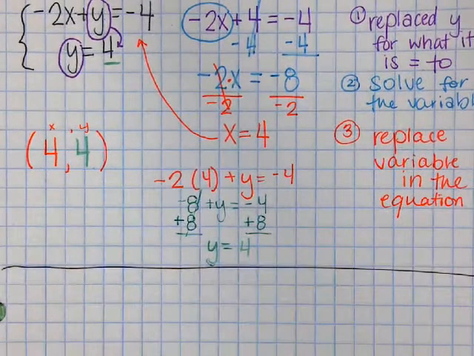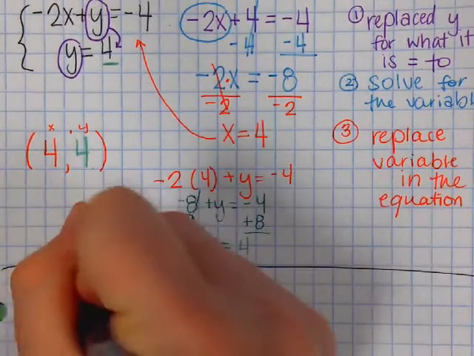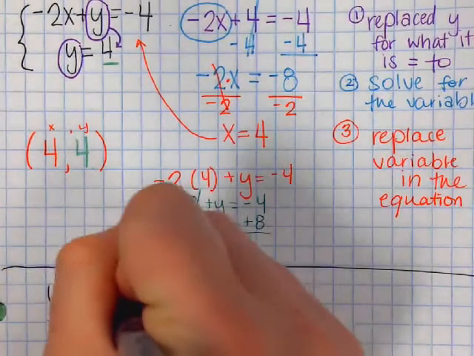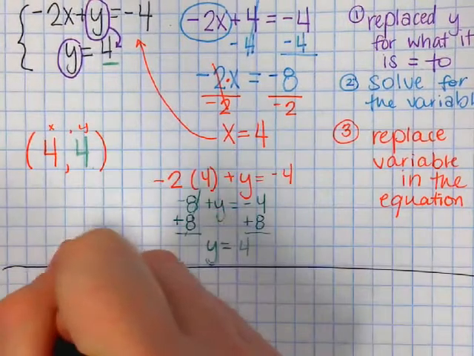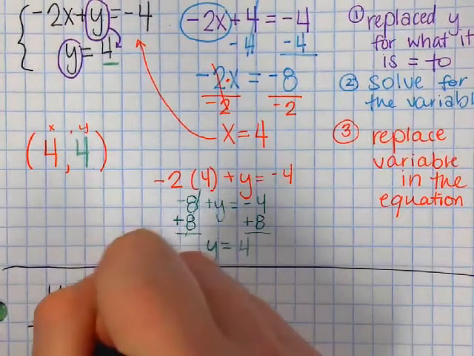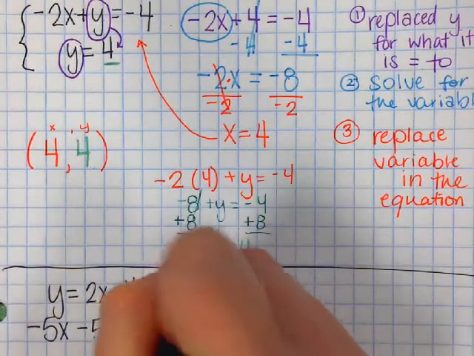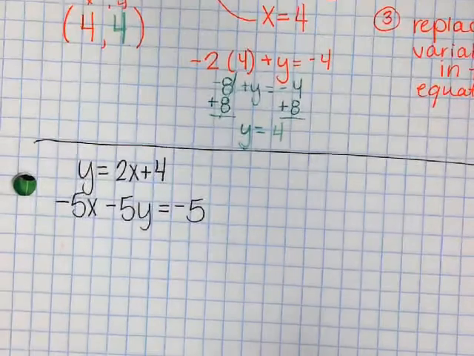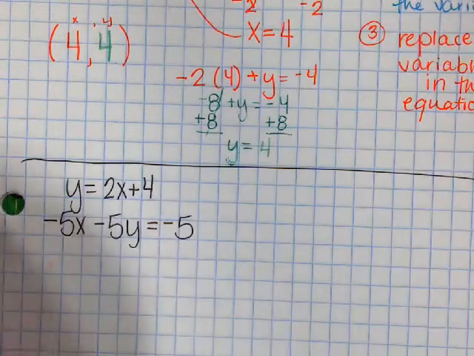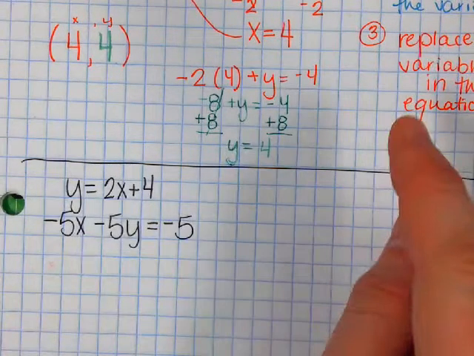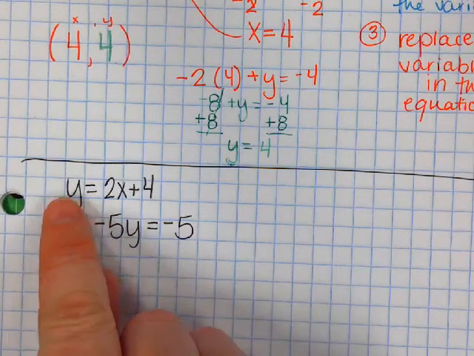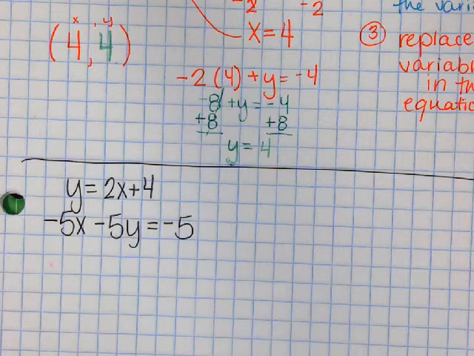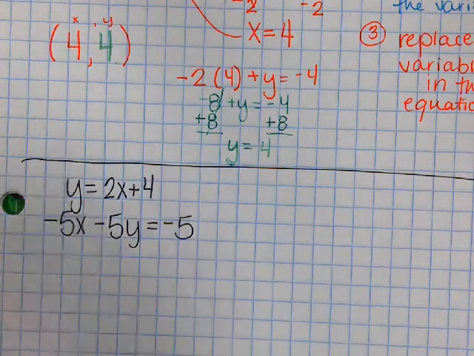Now we have y equals 2x plus 4 and negative 5x minus 5y equals negative 5. Again, you're going to follow those same steps. So the first thing you need to do is replace. Notice this one says y equals again, but there's an equation there.